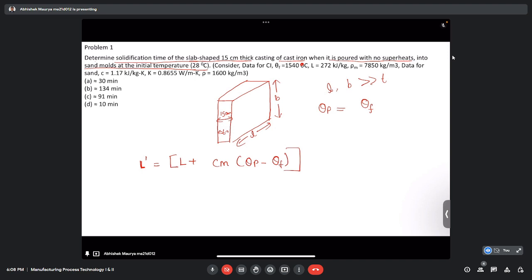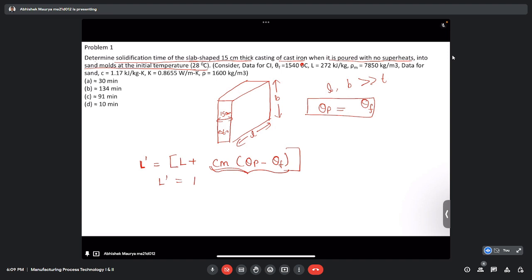This term comes into the picture if we have some degree of superheat. But here, since theta p is equal to theta f, our L dash will be directly equal to the latent heat of the casting material.